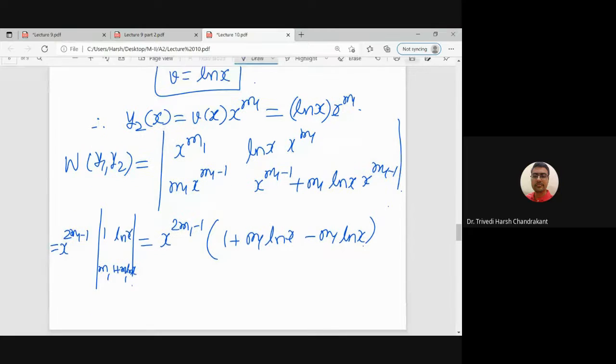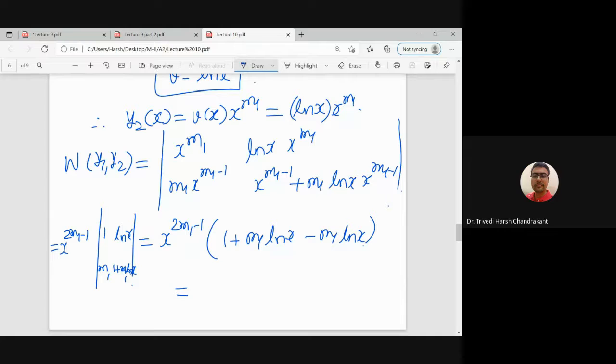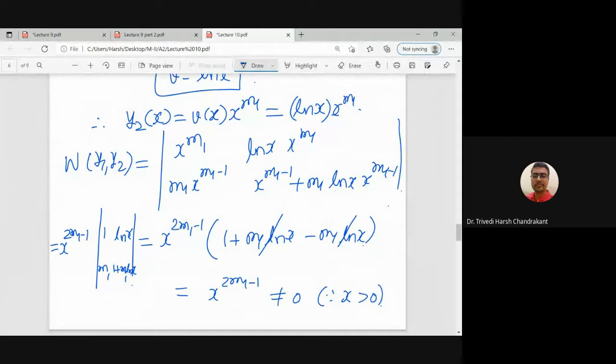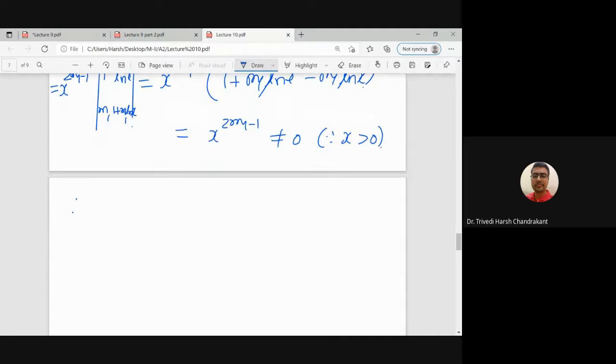Right, and then we know that these two terms will cancel out, so essentially we get x power 2 m1 minus 1, which is non-zero because x is greater than 0. That means y1 and y2 are LI solutions.